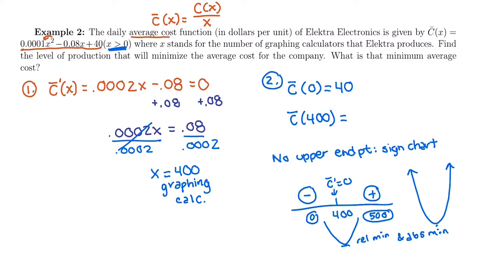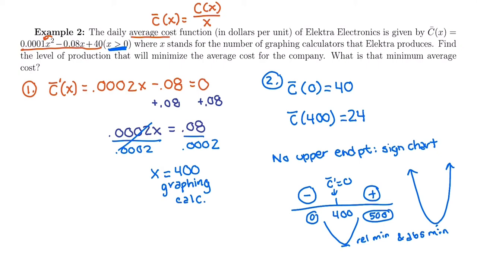Obviously, to try to make money, they have to produce some graphing calculators. If we plug in 400 to the original function to see what its y value is for that relative and absolute min, the y value is 24. And there's no upper endpoint. So we saw on a sign chart, we would compare it to the end behavior to the right, and that relative min is also an absolute min.